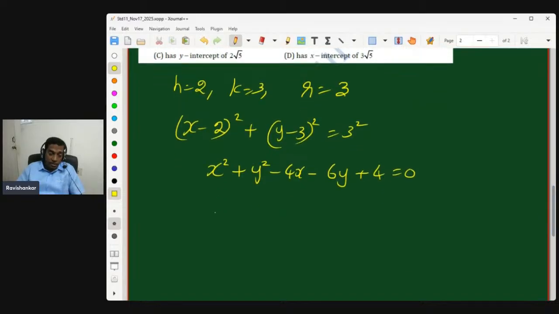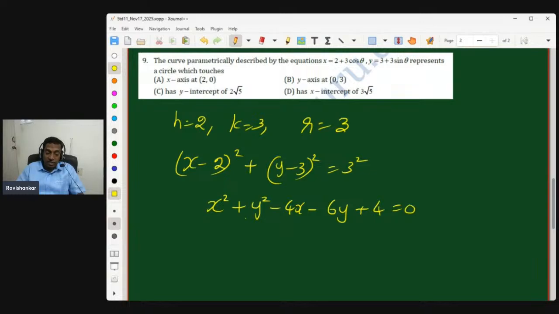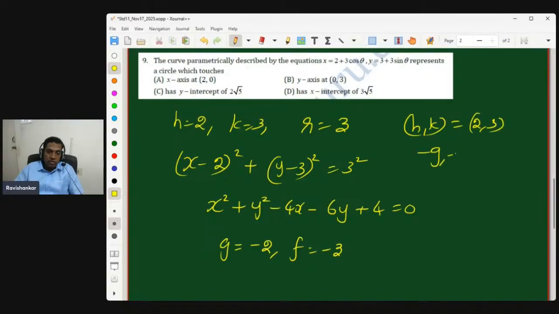Now, how do we find out whether it touches the x-axis, y-axis, the x-intercept, etc.? Well, g is minus 2, f is minus 3, because h comma k is 2 comma 3, which is the same as minus g, minus f, and c is 4.